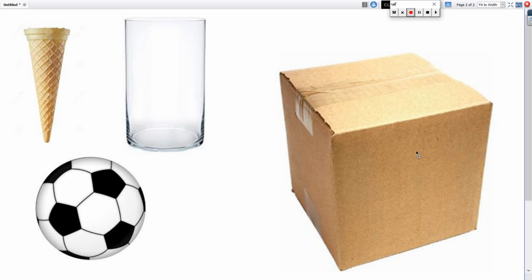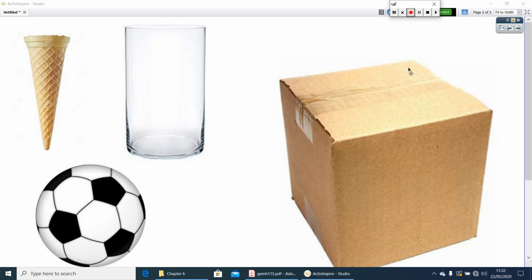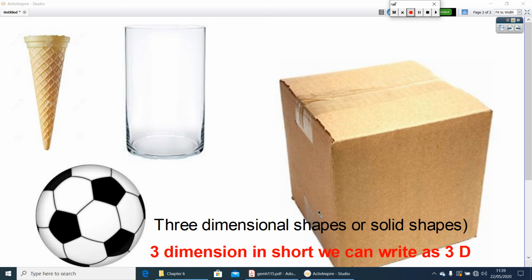So such objects we can call three-dimensional figures or three-dimensional shapes. Three dimension, in short, we can write as 3D.